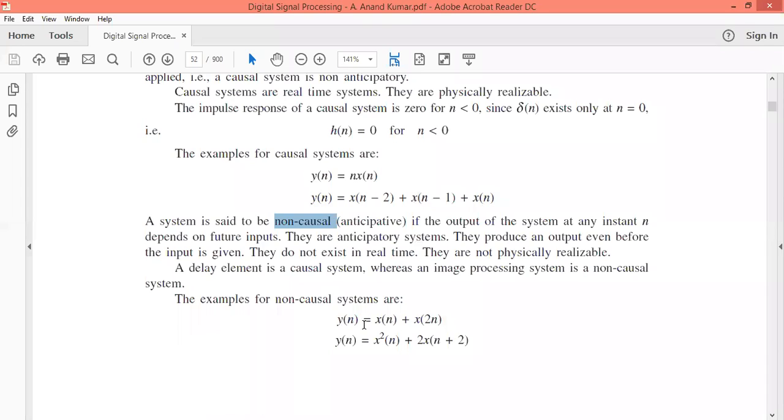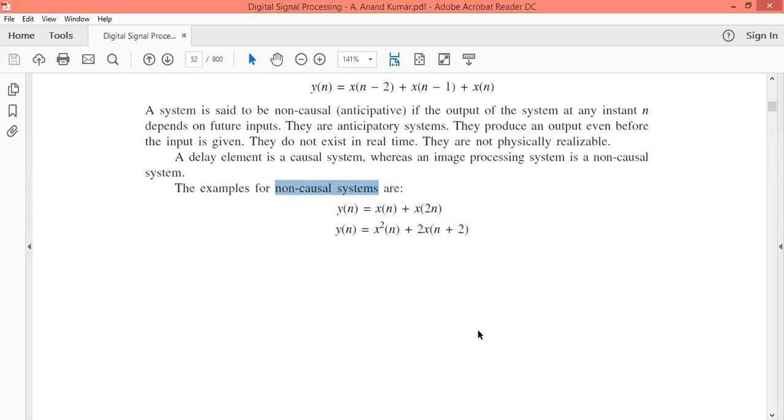Substitute n equal to 1: y of 1 is equal to x of 1 plus x of 2. So what happens here? The present output depends upon the future input value. Since present output depends upon the future input value, it is a non-causal system. The present output should not depend upon future input value.